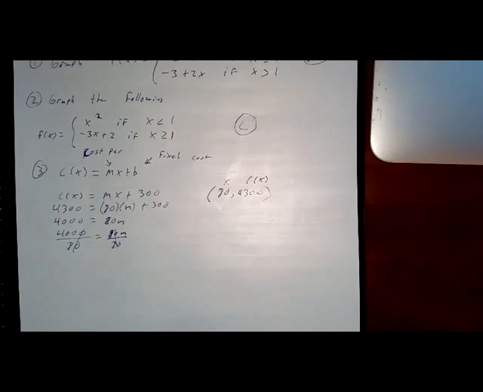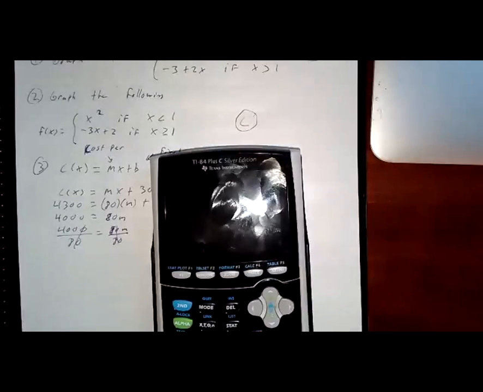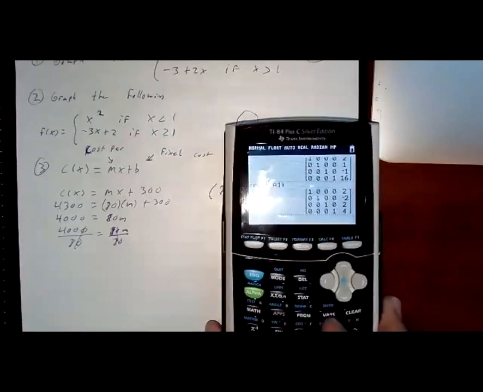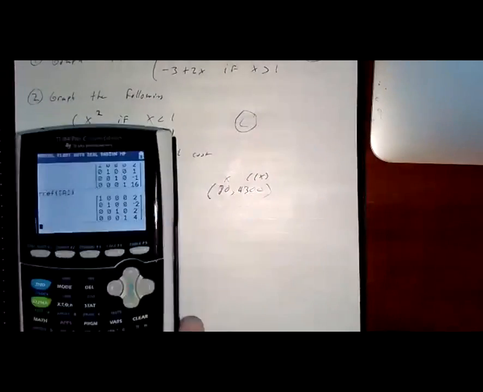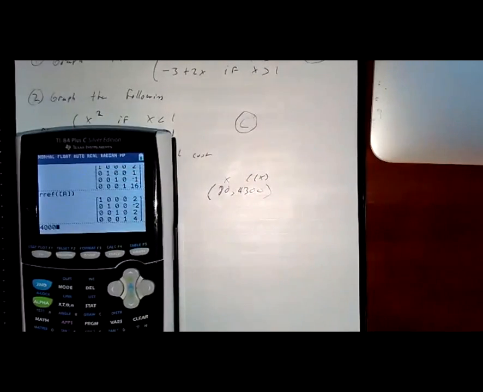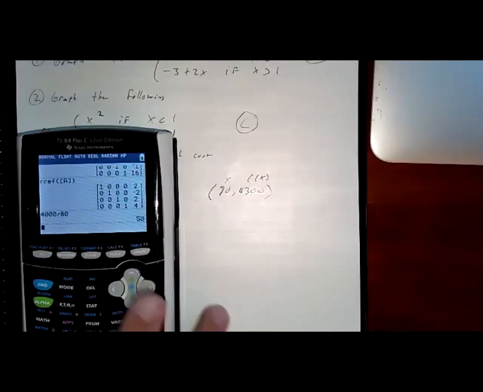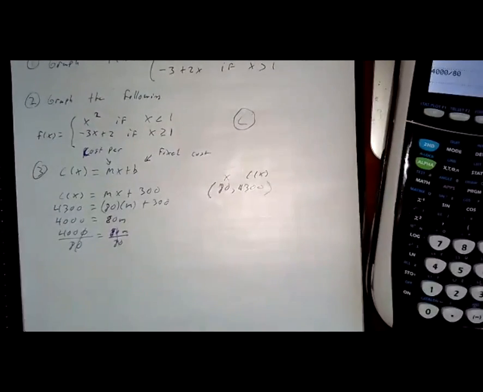So 400 divided by 8, I think that's 50? Yeah, let's try. Let's see here. So that will be 4,000 divided by 80. Yeah, 50. Okay.